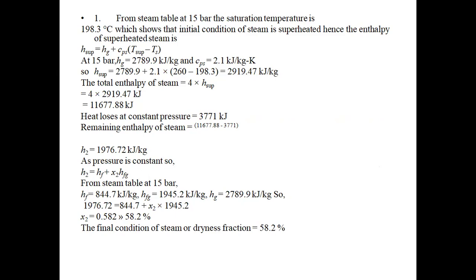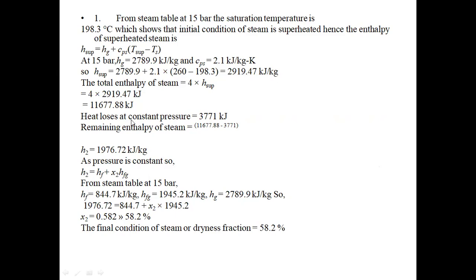H superheated is equal to 2789.9 plus 2.1 into (260 minus 198.3), which gives 2919.47 kilojoule per kg.